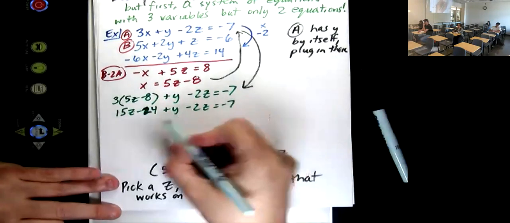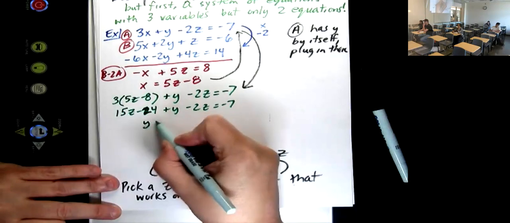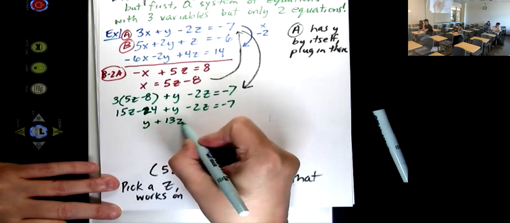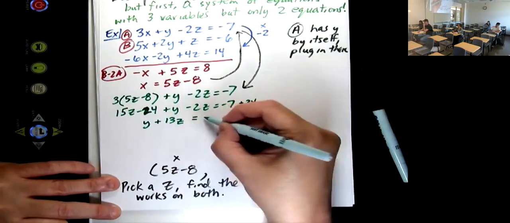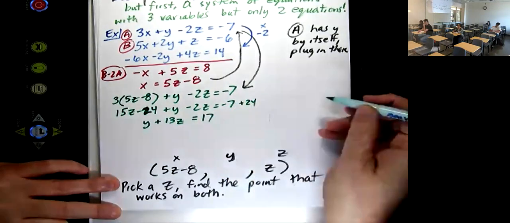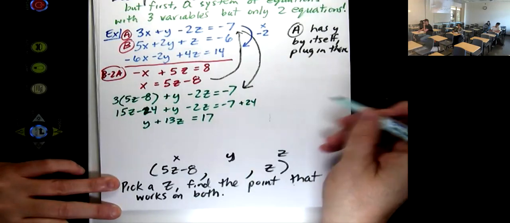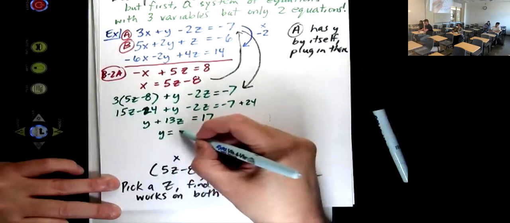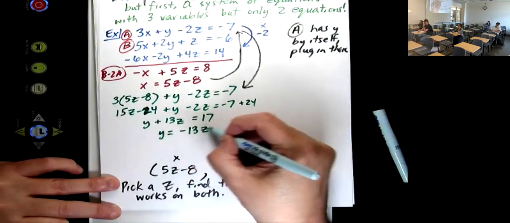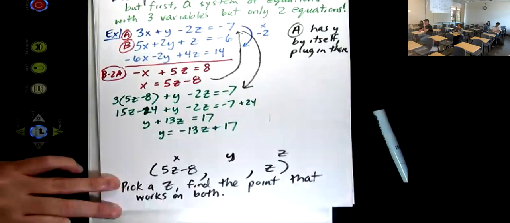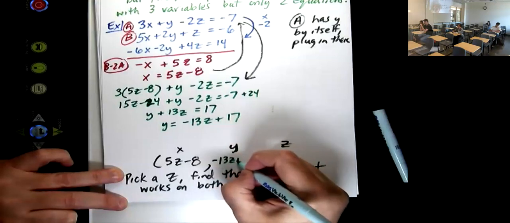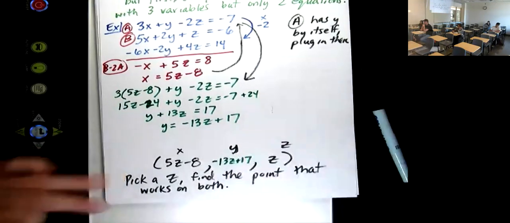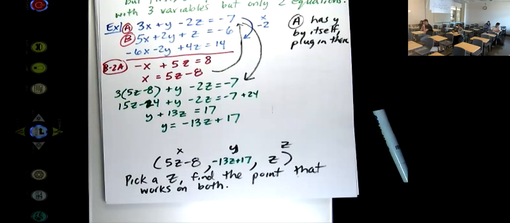I'm going to combine the z's together real quick, and I'm going to add 24 to the other side. And that'll give me a 17 over there. Finally solving for y, I get -13z plus 17. That's the best we can do.